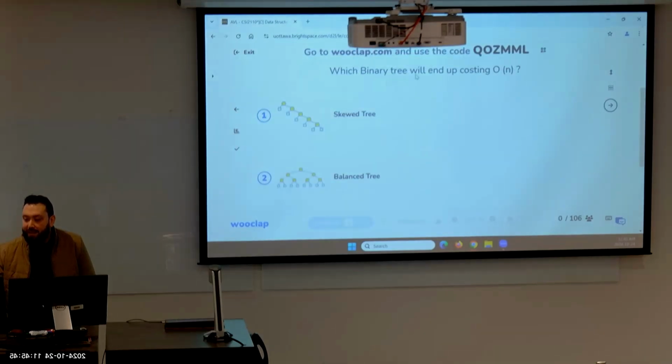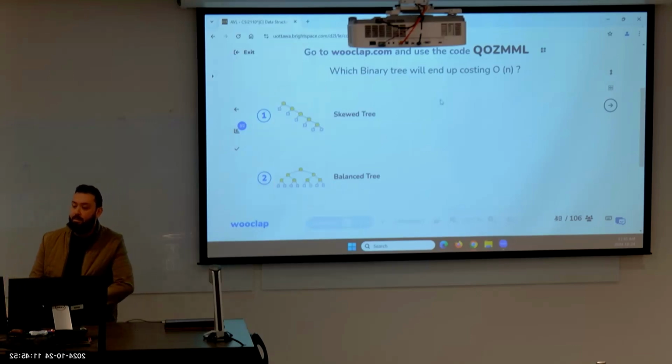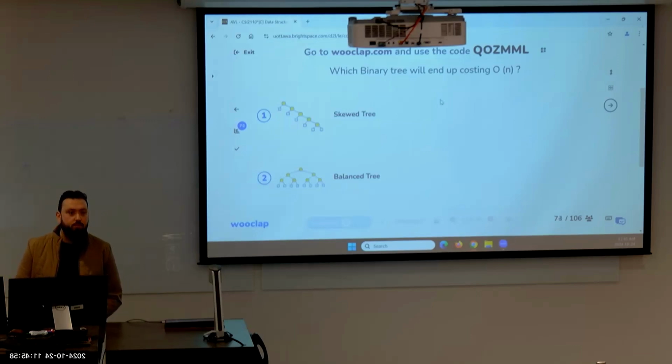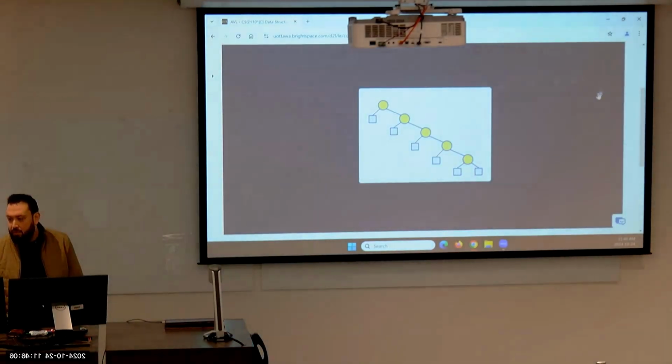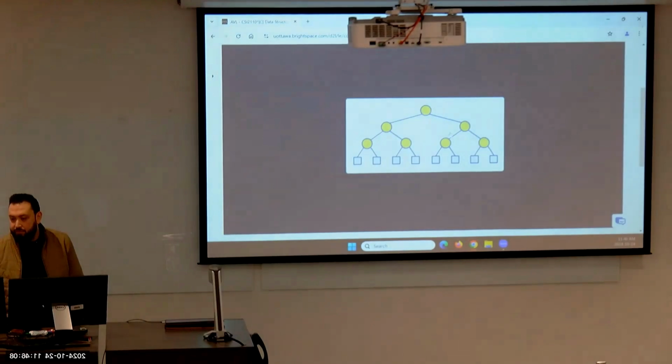Which binary tree will end up costing O of n? This one or this one? Which one will cost O of n? We have this tree, and we have this tree.